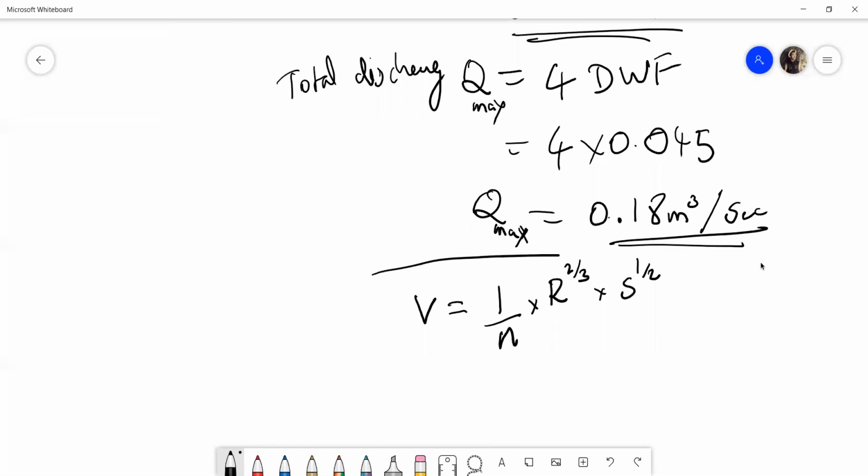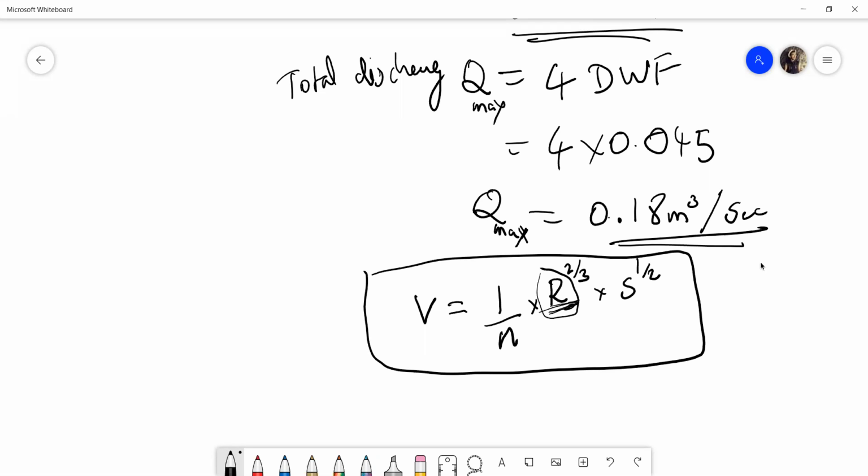This is the Manning's formula for finding out the velocity, where R is the hydraulic radius, S is the slope, and N is the Manning's constant.